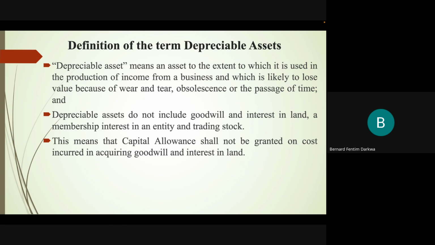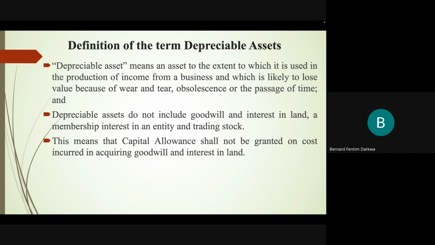Depreciable assets do not include goodwill, interest in land, a membership interest in an entity, and trading stock. This means that capital allowance shall not be granted on the cost incurred in acquiring goodwill and interest in land.